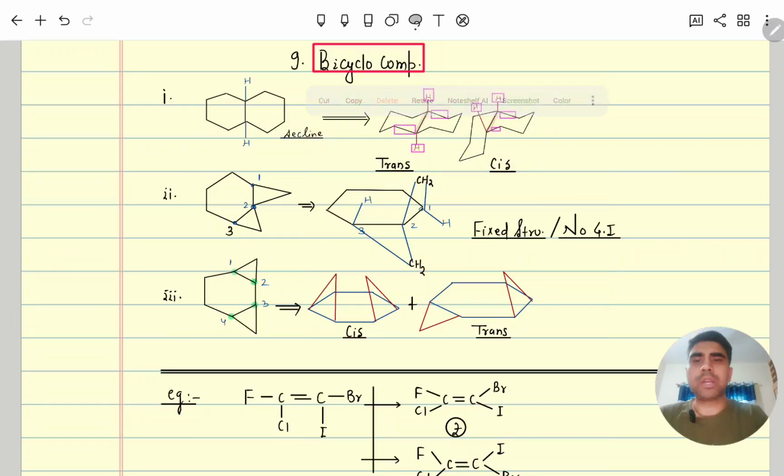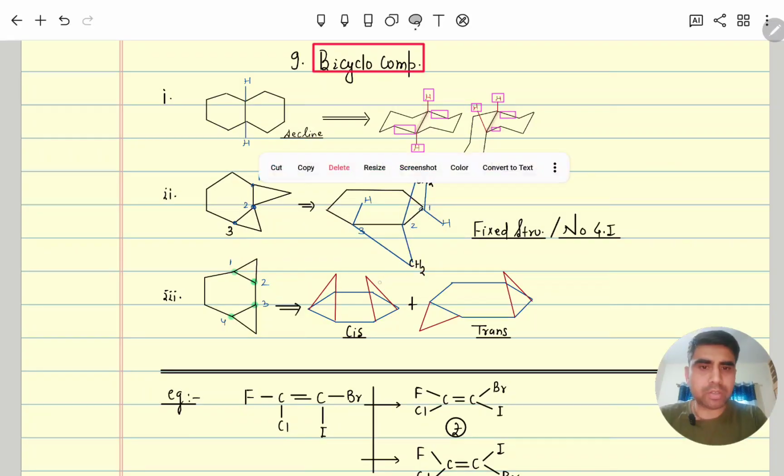So this is trans. Now here we can see that in cyclohexane, this carbon has two valencies, means one this bond and one this bond. So both bonds cannot be up together. If they are up together, it is not possible. So here one will be down and one will be up, or either this will be down and this will be up, means it has a fixed structure.